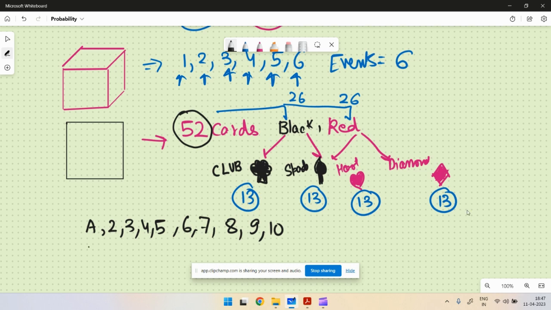Then there is a king, a queen, and a jack. There are 13 in each: the A of club, 2 of club, 2 of spade, 2 of heart, 2 of diamond. So these 13 numbers and letters will be present in club also, in spade also, in heart also, in diamond also.